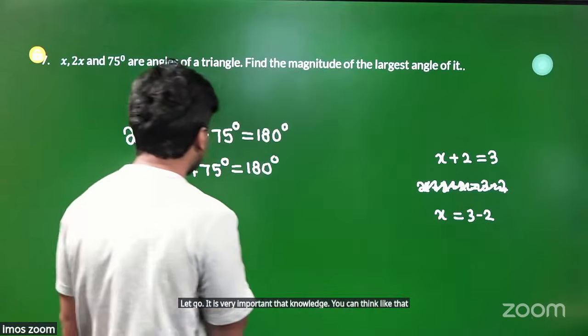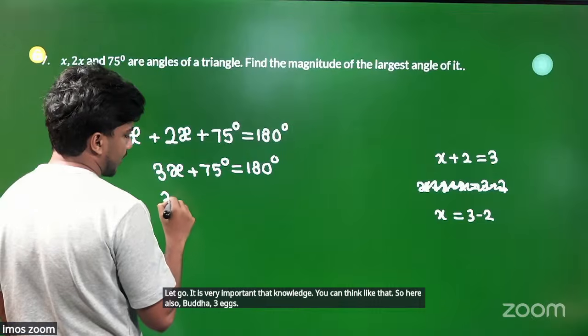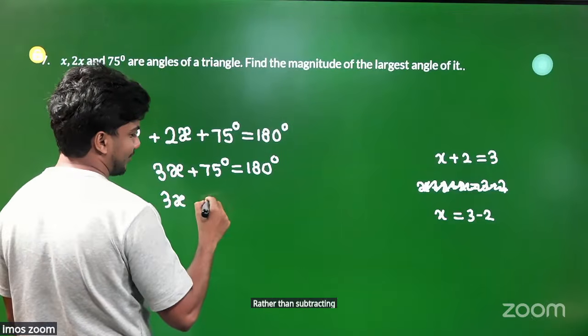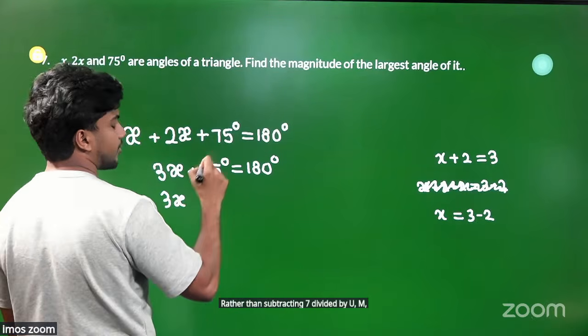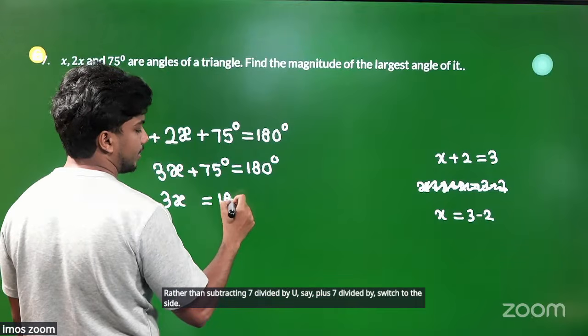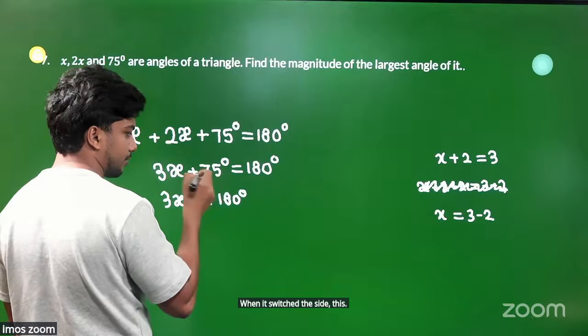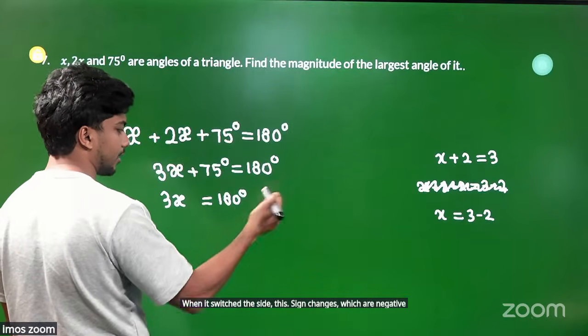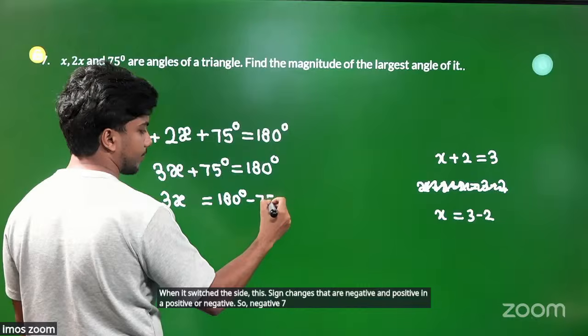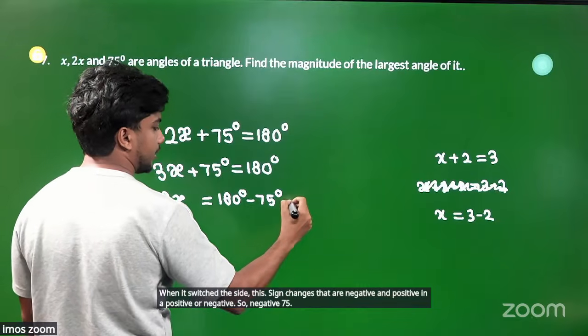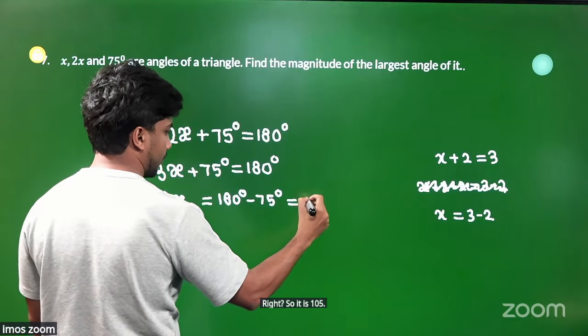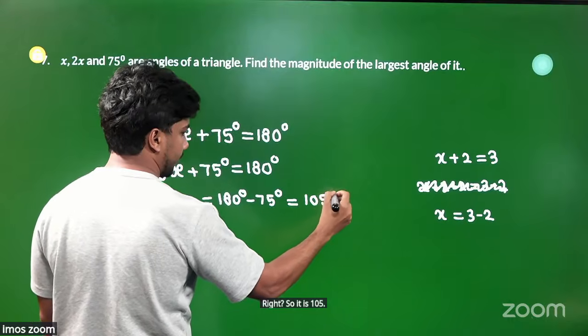So here also, 3x, rather than subtracting 75, you can think of it as switching the side of plus 75. When it switches the side, the sign changes: positive to negative. So negative 75. So it is 105 degrees.